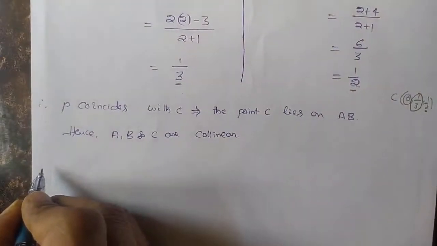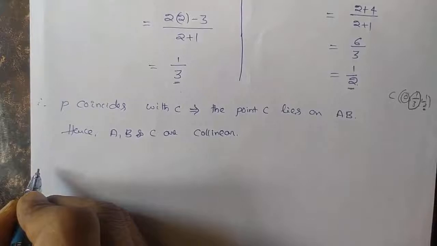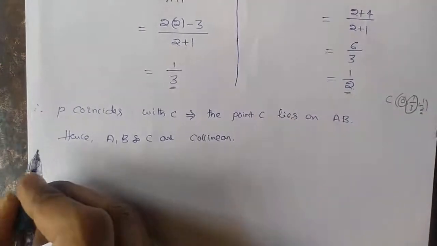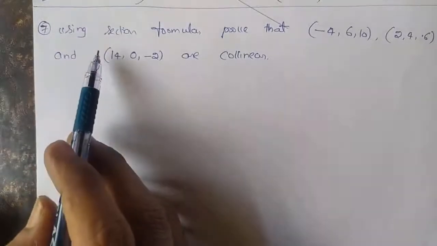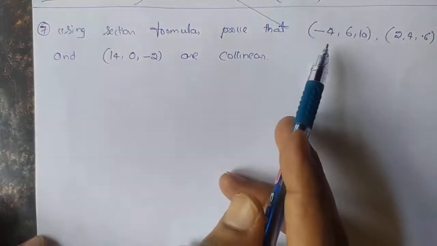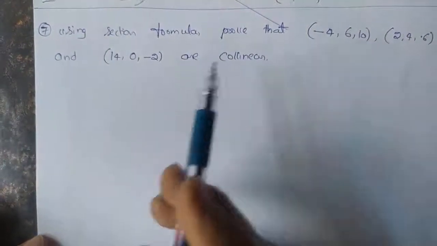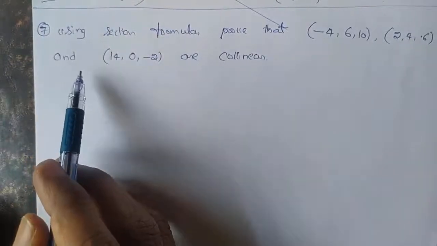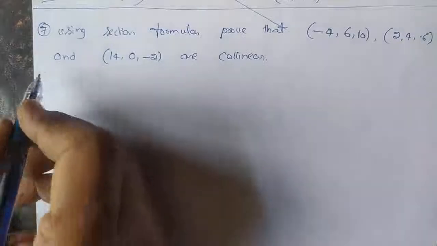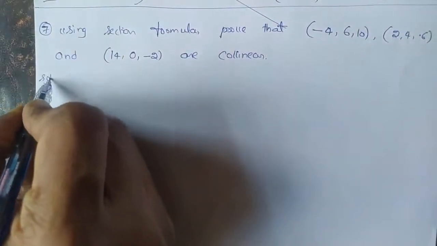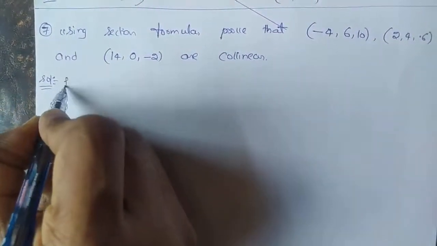That question number will be the 7th one. Next we will have the same question. See the question. Using the section formula, prove that -4, 6, 10, 2, 4, 6 and 14, 0, -2 are collinear. Apply the same procedure. First write down the given points.